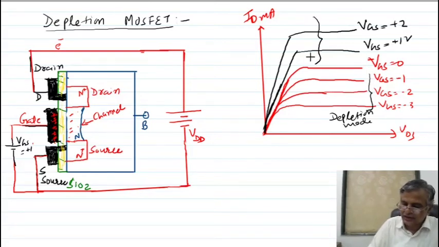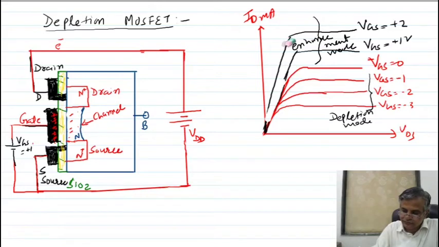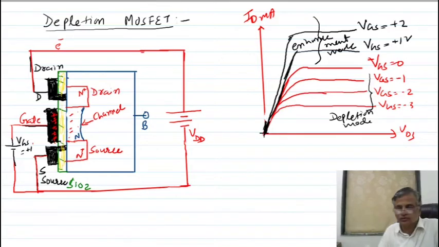So this is called enhancement mode, because the charge carriers are enhanced. This is charge carrier enhancement, so it is called enhancement mode.